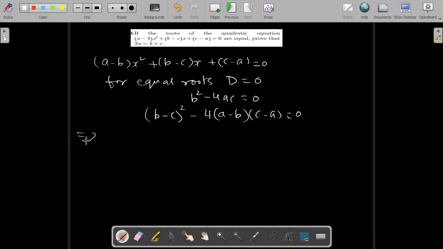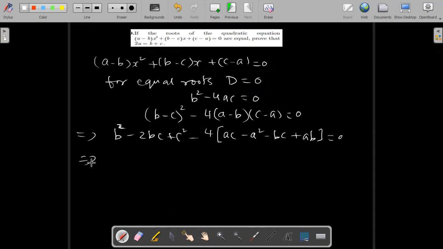(b minus c) whole square is b square minus 2bc plus c square. Minus 4, I have taken minus 4 outside. Now a multiplied with c, this will become ac minus a square minus bc plus ab is equal to 0.